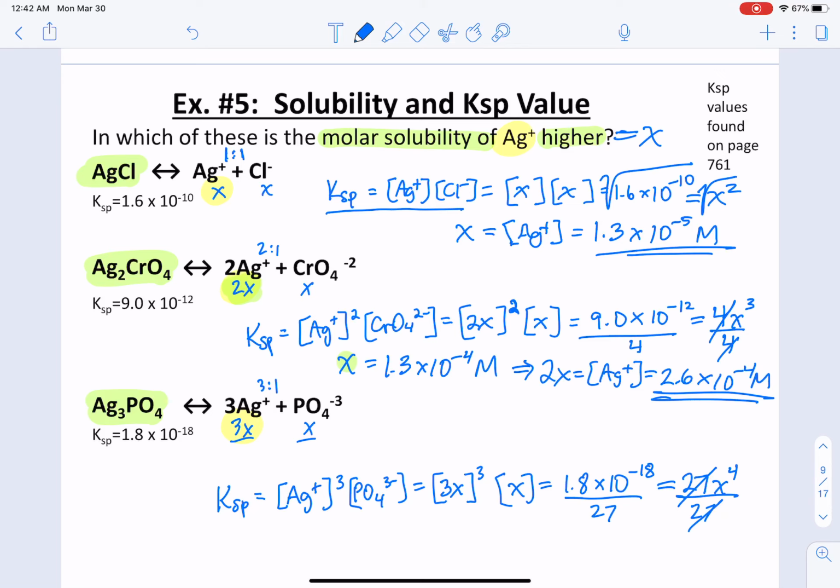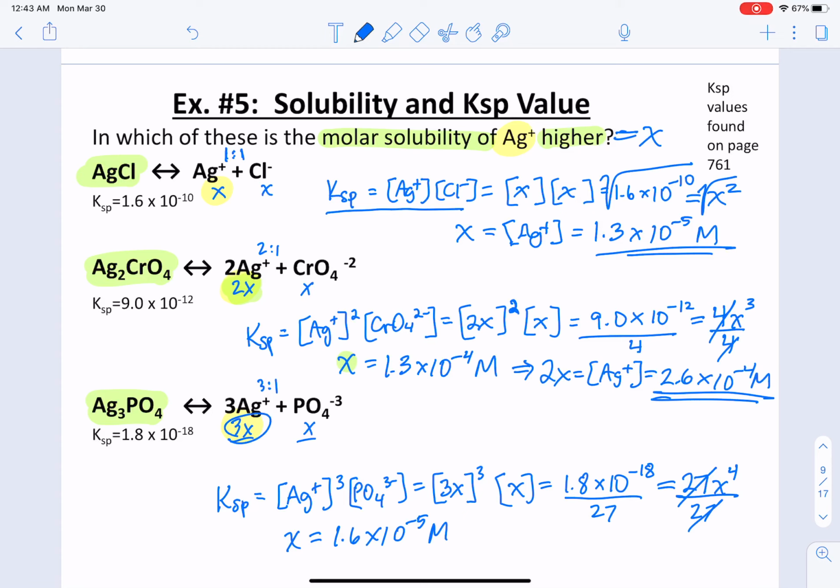Just to go quicker, I have solved for x: I would divide by 27 and then take both sides to the power of 1 over 4. What I end up with for x is 1.6 times 10 to the negative 5 moles per liter.